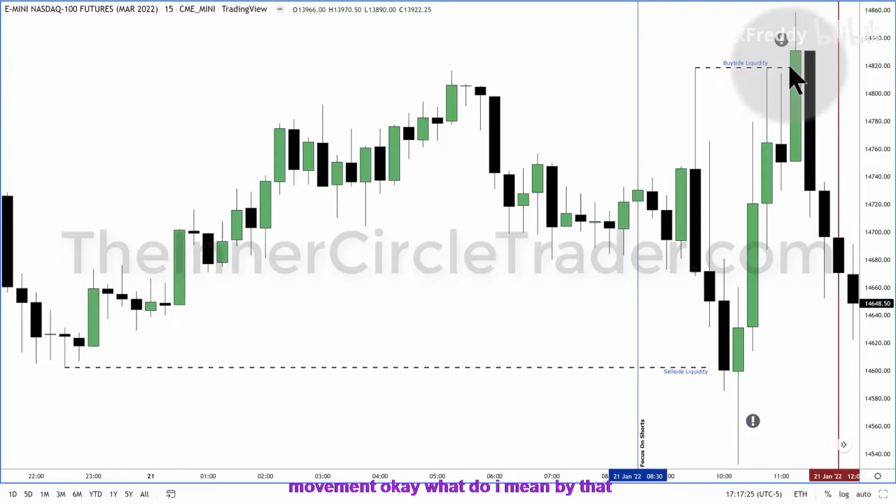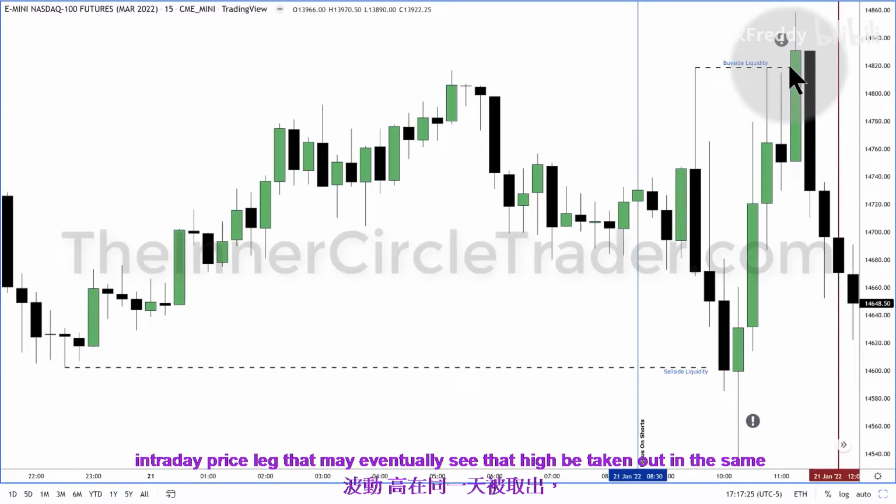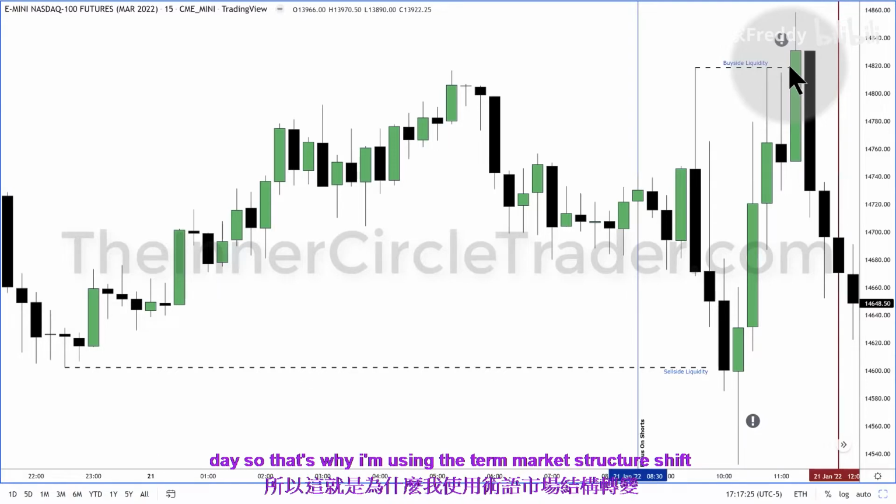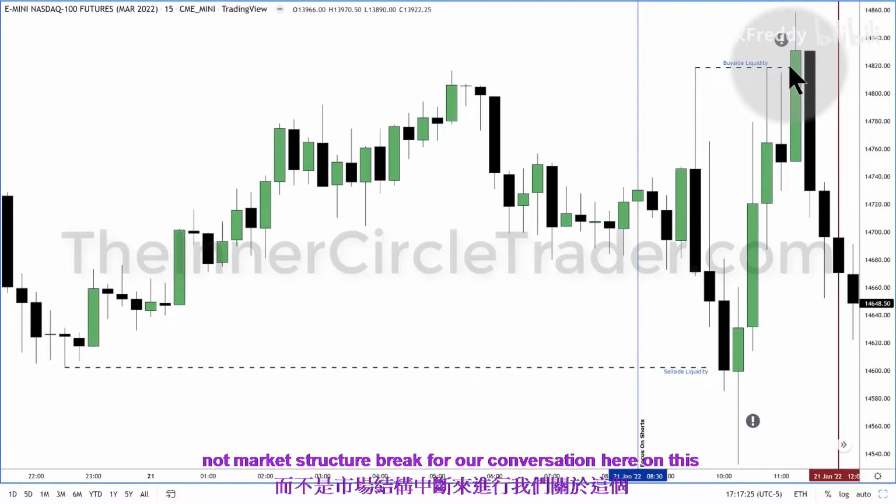What do I mean by that? If you see a market structure that's bearish and it's broken to the downside intraday, that may just lead to an intraday price leg that may eventually see that high be taken out in the same day. So that's why I'm using the term market structure shift, not market structure break.